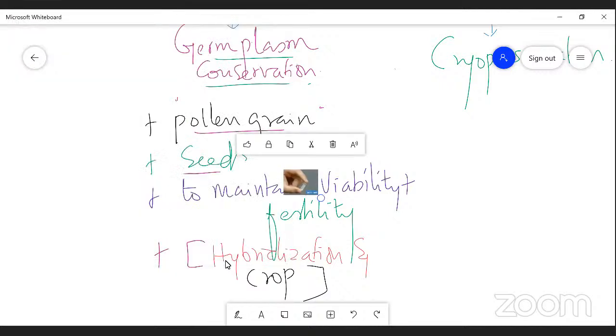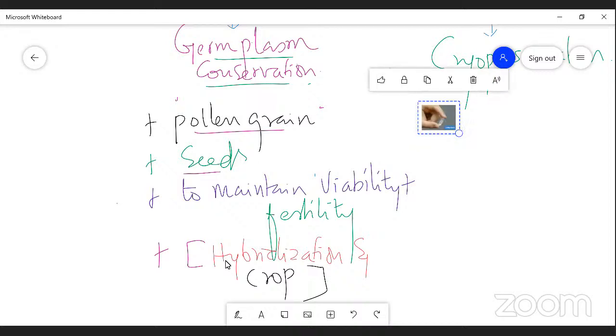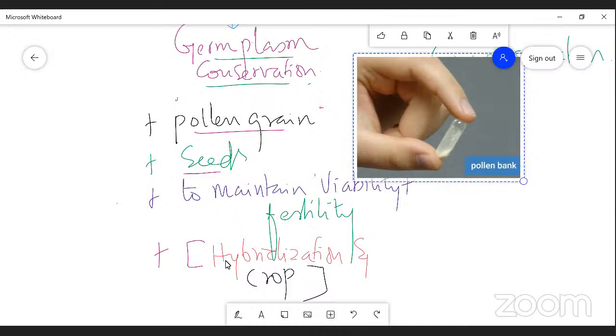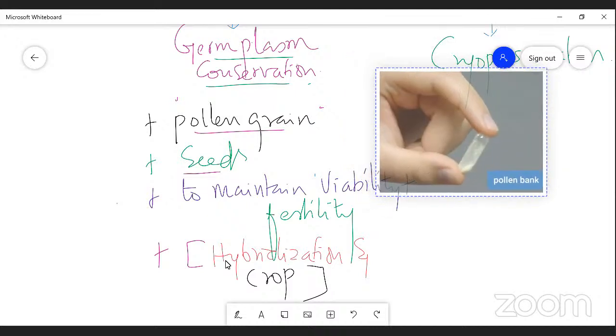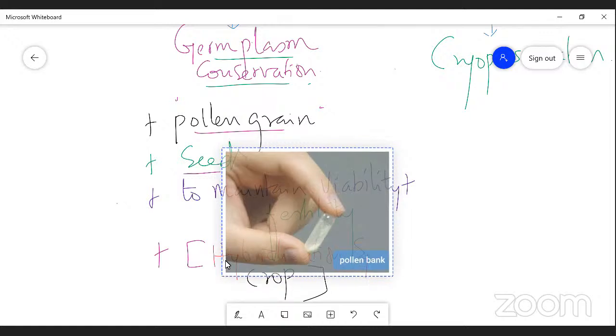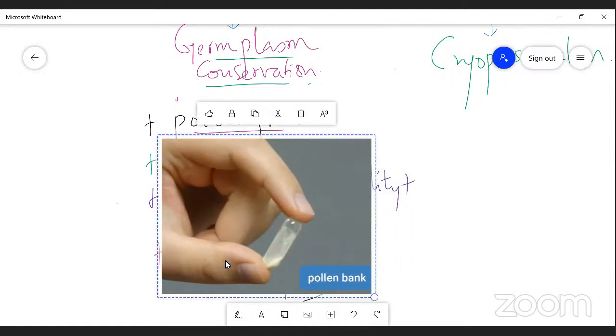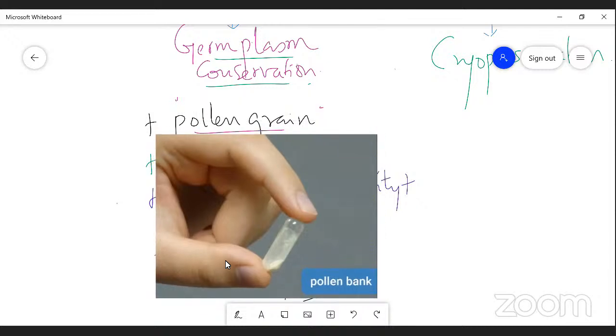Now this is a pollen bank. Actually, a pollen bank is nothing but a bank that consists of stored pollen. Dear students, please understand the storage of pollen in a controlled condition.